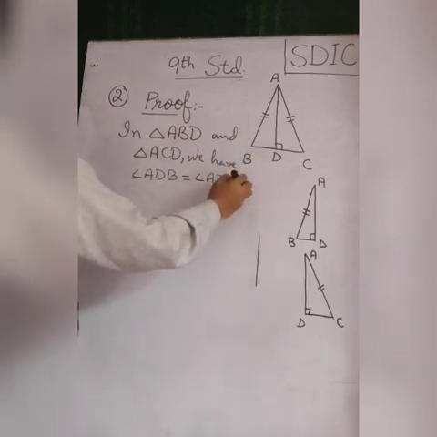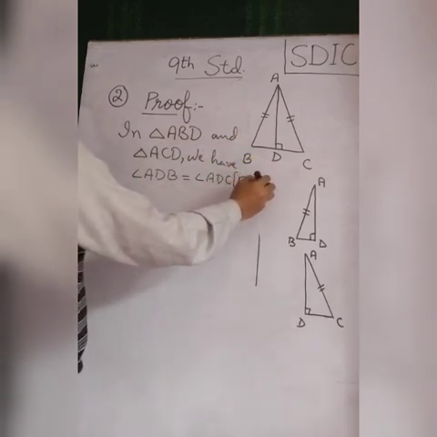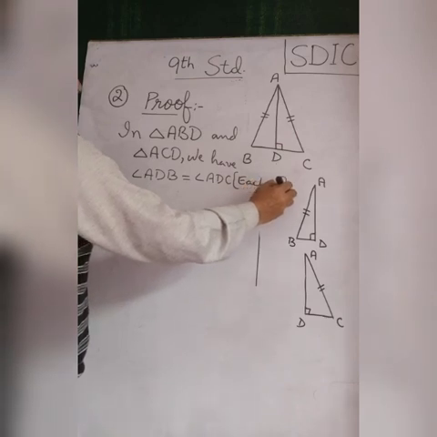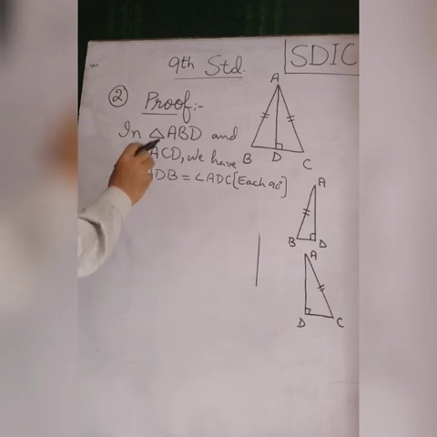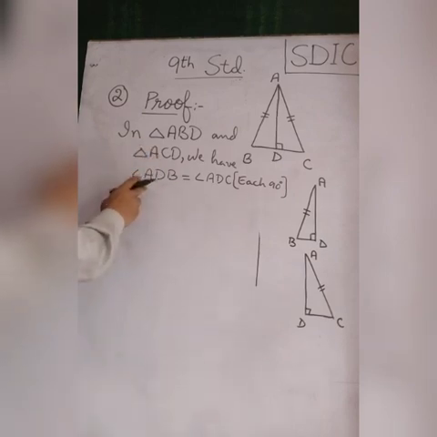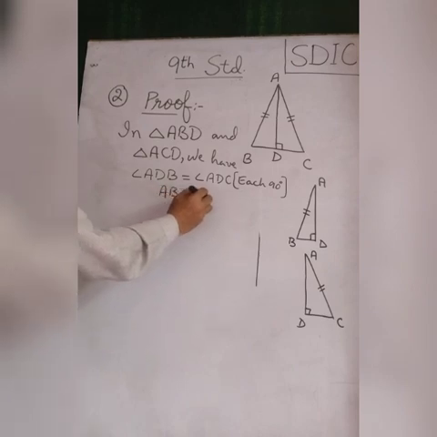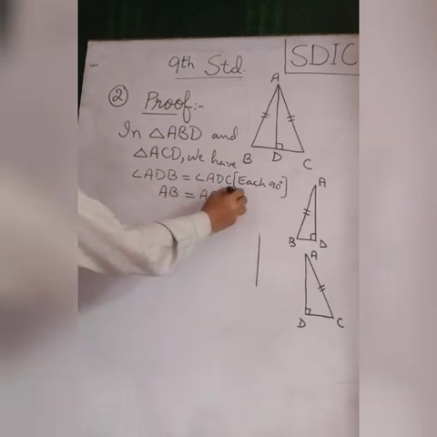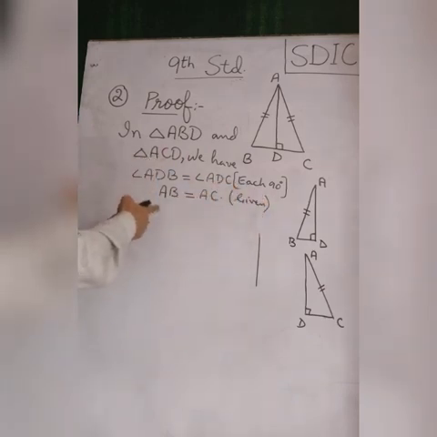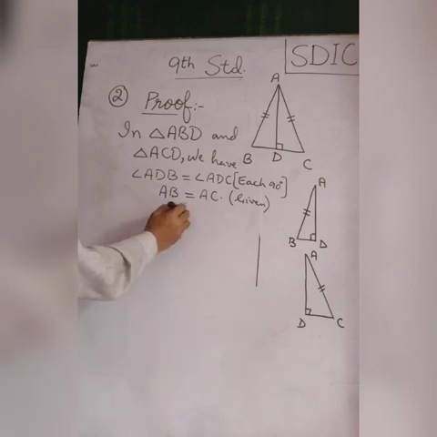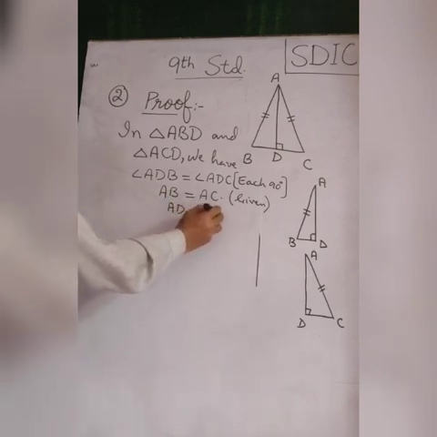Each 90 degrees. Both these angles are 90. Right angle, hypotenuse. So next after right angle, we'll use hypotenuse. We have AB equal to AC. It is given to us. Right angle, hypotenuse followed by side, and the side here is the common side. AD is equal to AD. This is the common side.